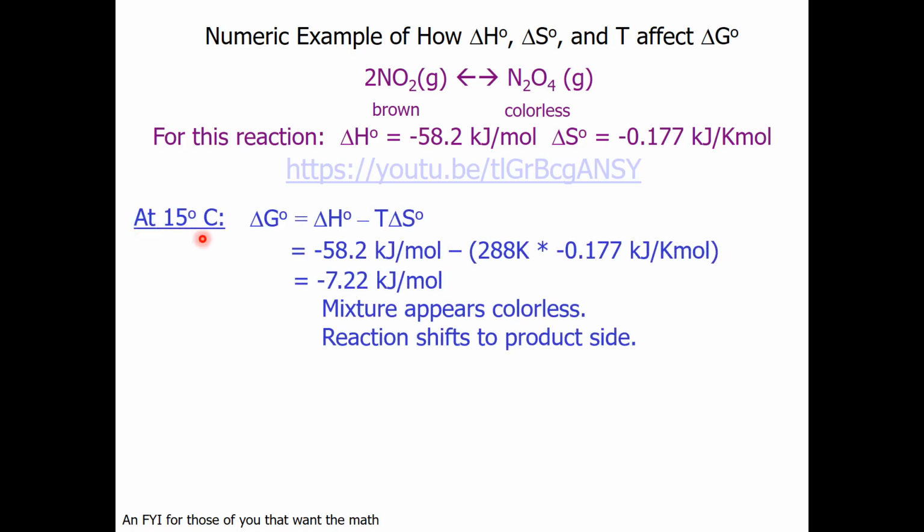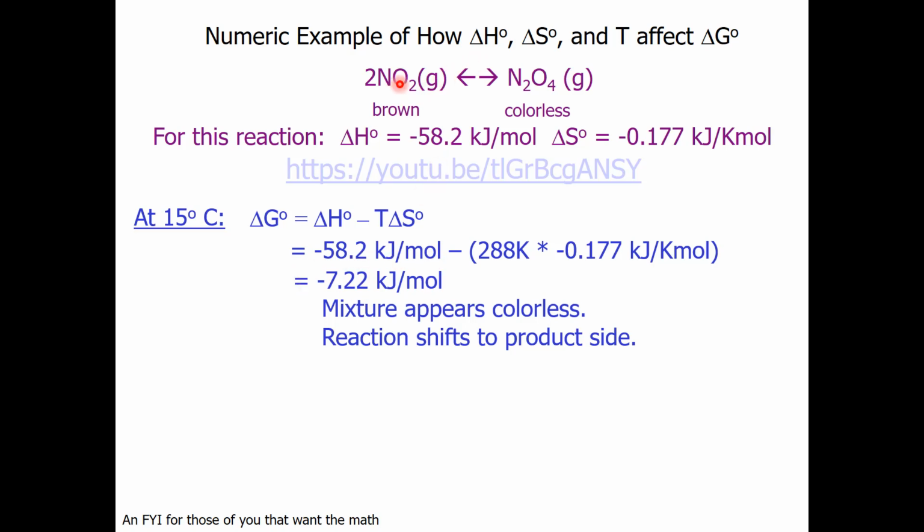At 15 degrees Celsius, which means 288 Kelvin, our minus T delta S will be minus 288 times our minus 0.177 kilojoules per Kelvin mole. When I take this multiple and add it to the value of delta H naught, I get a negative delta G value.